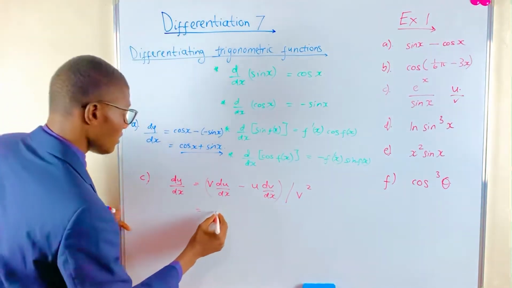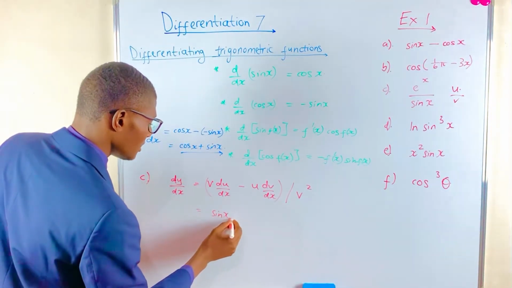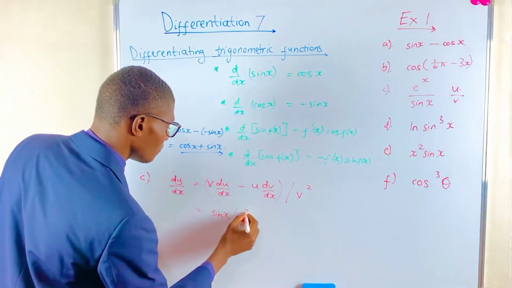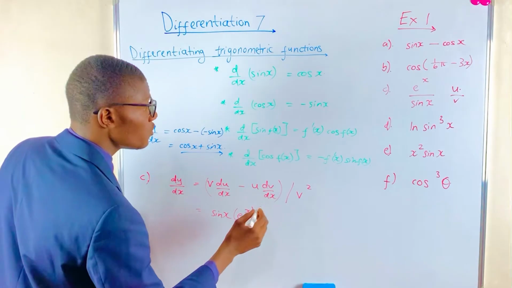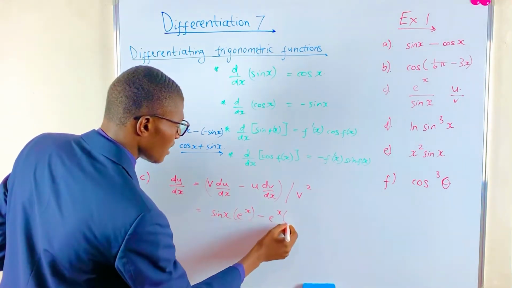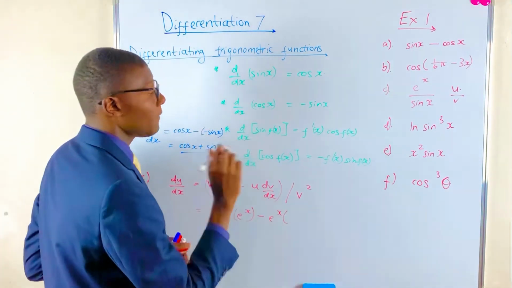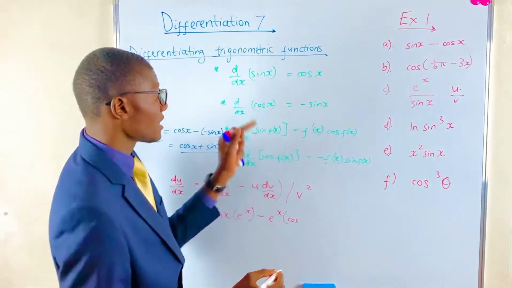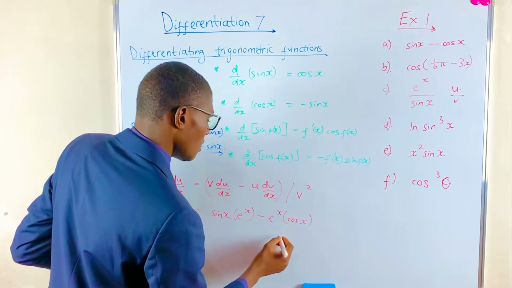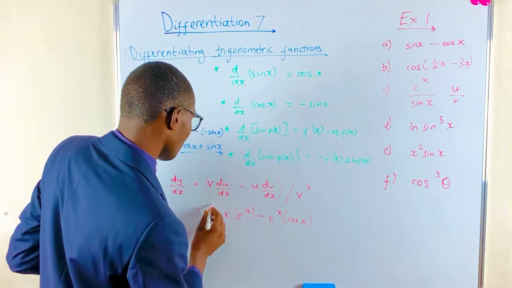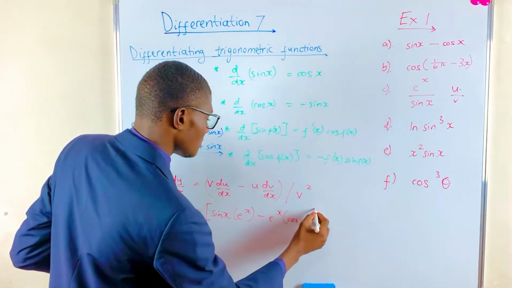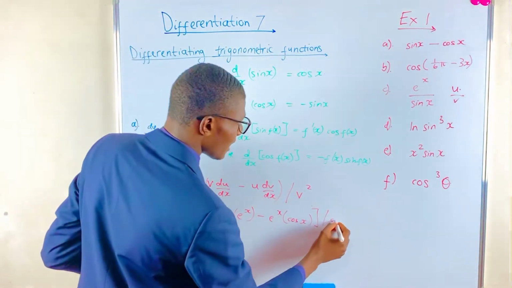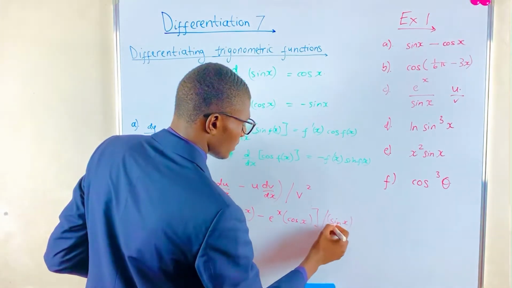So v being sine x times du by dx, we say the derivative of e to the power of x is e to the power of x, minus u, which is e to the power of x, times the derivative of v, which is the derivative of sine x, we say is cos x, all over v squared being sine x squared.